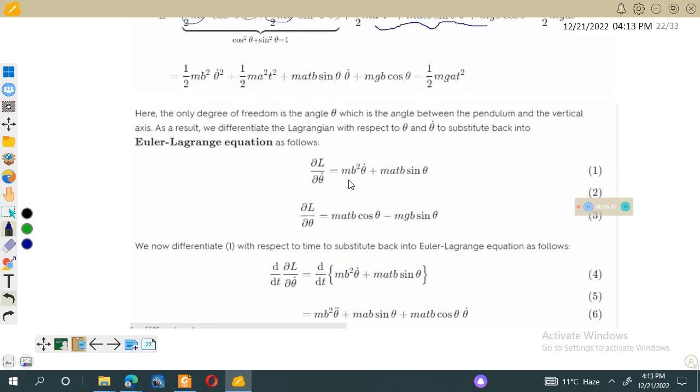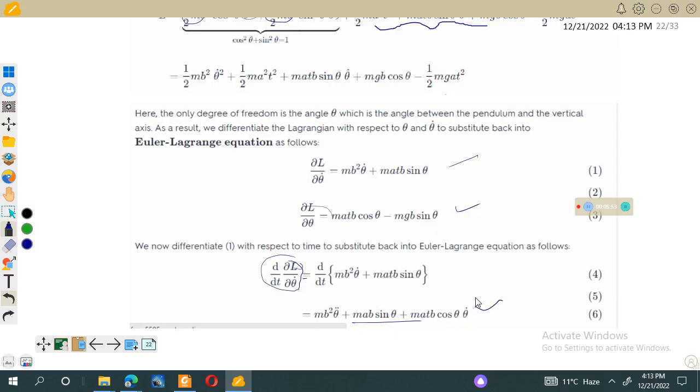Partial L over partial theta dot is equal to this, and partial L over partial theta is equal to this. When we put these into the Lagrange equation for theta, d over dt of partial L over partial theta dot is equal to this whole term, so it will give this.